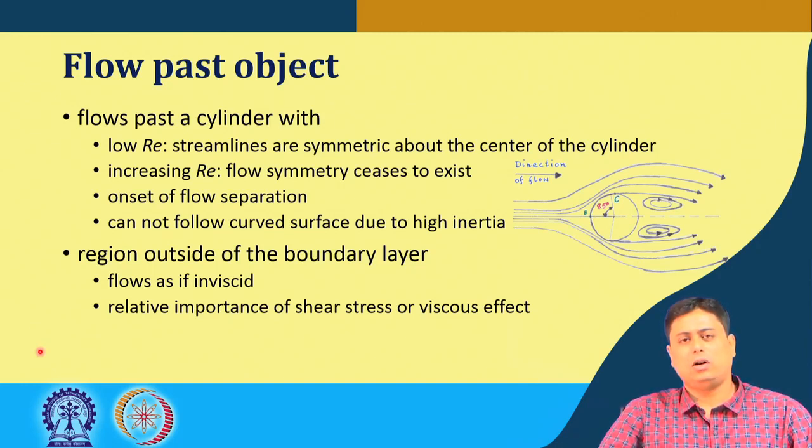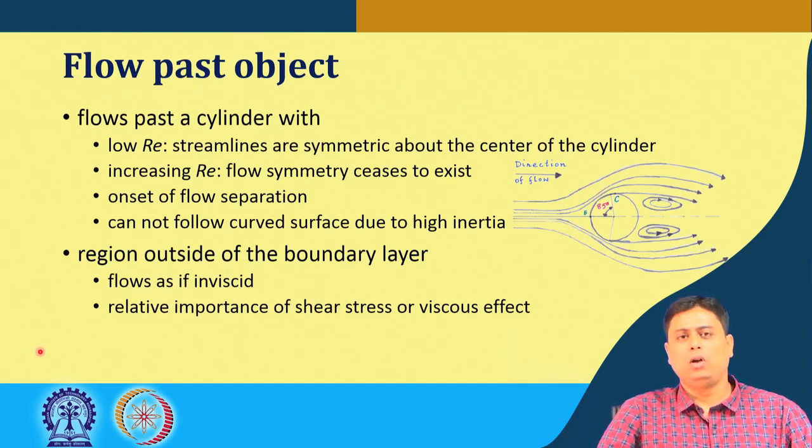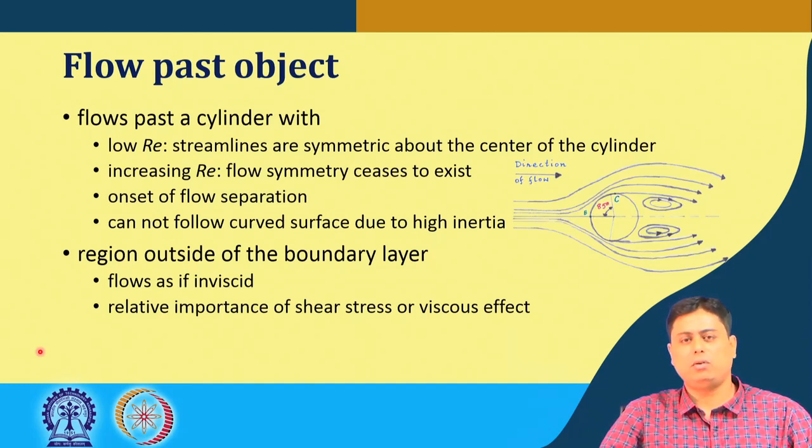So, in the case of low Reynolds number, when there is a flow across this cylinder, the streamlines are nearly symmetrical about the center of this cylinder. But as you increase the Reynolds number, this flow symmetry ceases to exist.